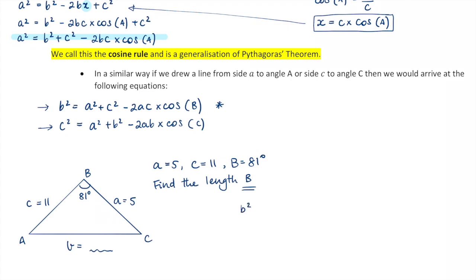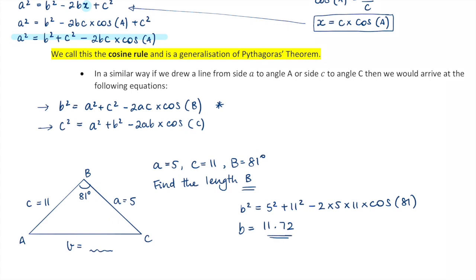So b squared is equal to 5 squared plus 11 squared minus 2 times 5 times 11 times cos of angle 81. We're going to get the length B equaling to 11.72, and that's it.